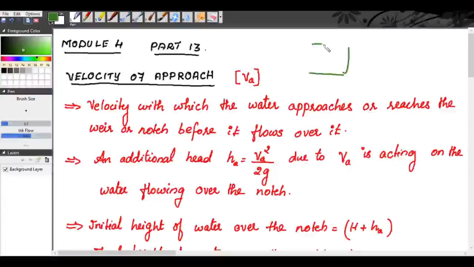Before the water flows over it, with what velocity it is reaching the tip of the notch or weir, that is called velocity of approach. Thus, if velocity of approach is represented by VA, then the additional head HA will be equal to VA square by 2G, due to the velocity of approach and acting on the water flowing over the notch.